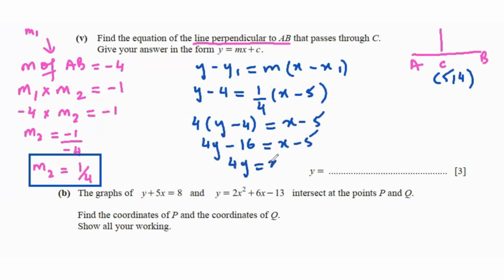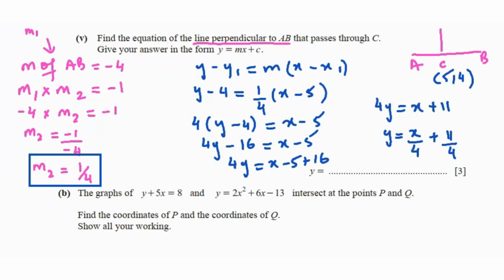So 4y equals x minus 5 plus 16, which is x plus 11. And y would be x over 4 plus 11 over 4. That is your equation of the line in the form y equals mx plus c, which is the slope-intercept form.